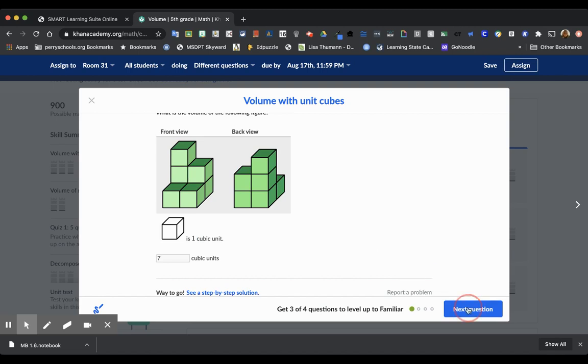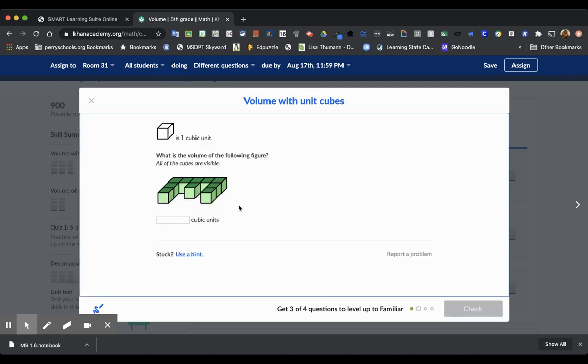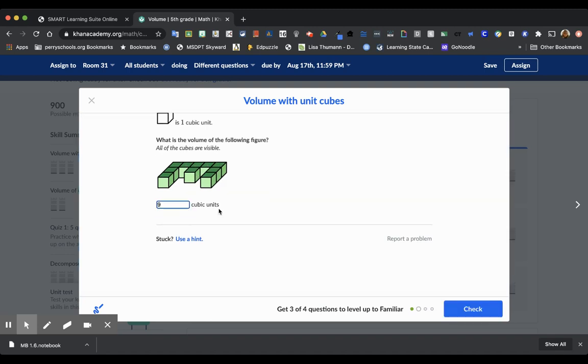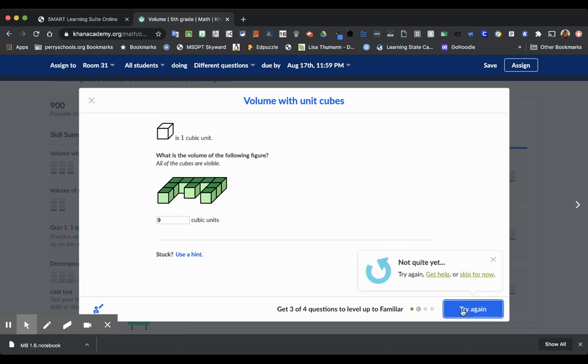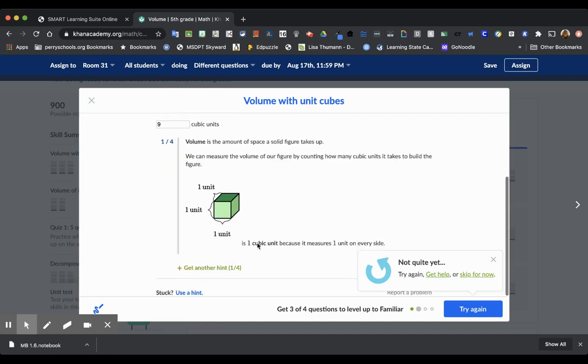Then moving on to the next question, I'm going to show you what happens when you get it incorrect. Let's say that I counted wrong on this. I counted 1, 2, 3, 4, 5, 6, 7, 8, 9. Let's say I type in 9 there and I check. It's going to tell me not quite yet. You can get help or you can skip for now. You can use a hint and it's going to give you that information.